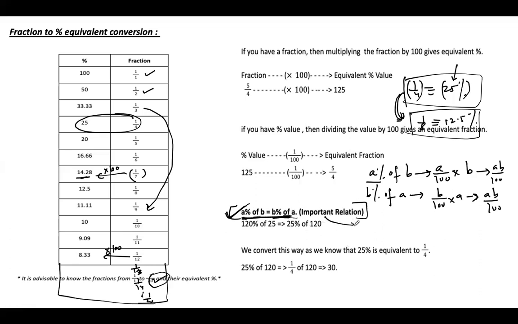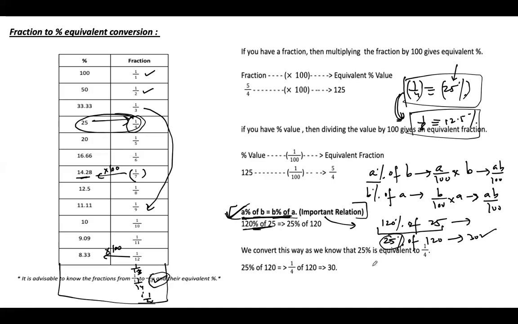How could this be used? This is an example that I've provided. For example, if you are asked 120% of 25, rather than seeing it like this, can I see 25% of 120? Because you know 25% is 1 by 4, so one fourth of 120 would be 30.